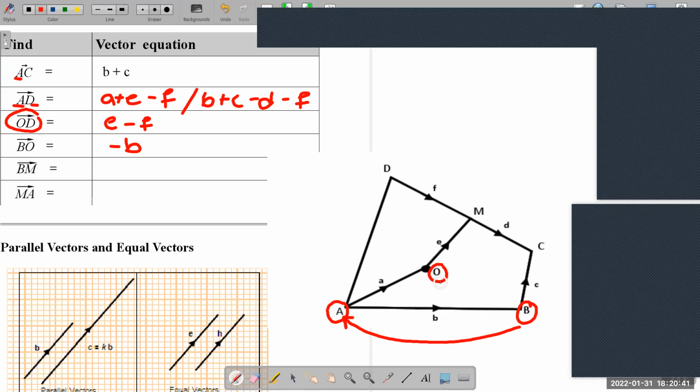We want to end up at O. So now that I am at A, how do I get to O? Is it a positive A or negative A? Excellent, excellent. So it's going to be plus A. Very good, everybody.